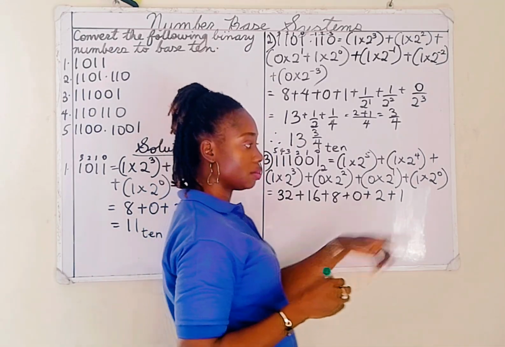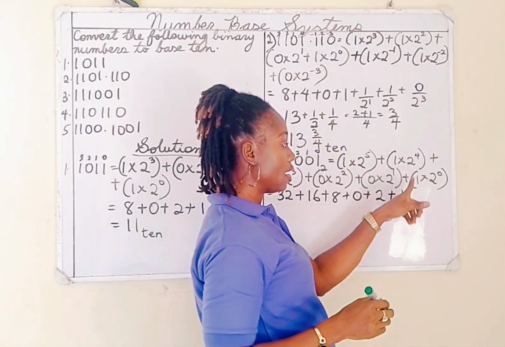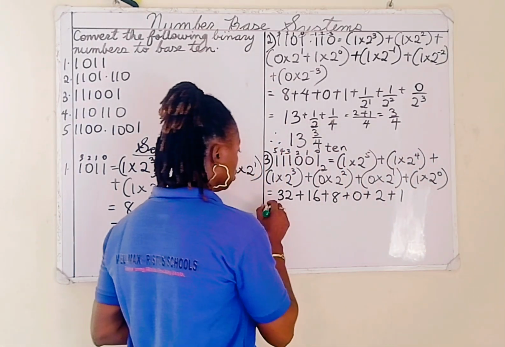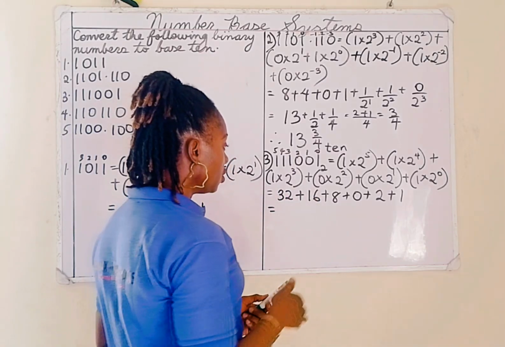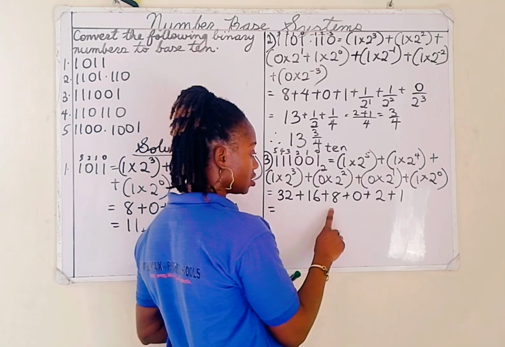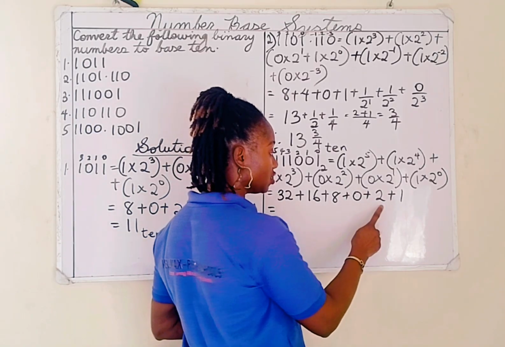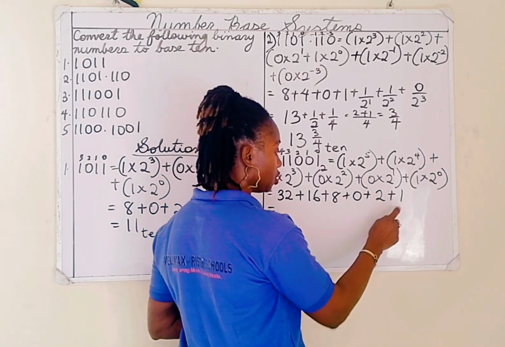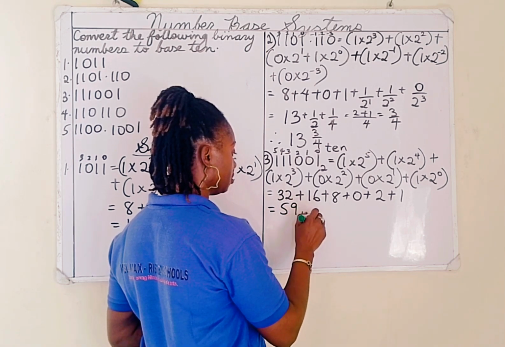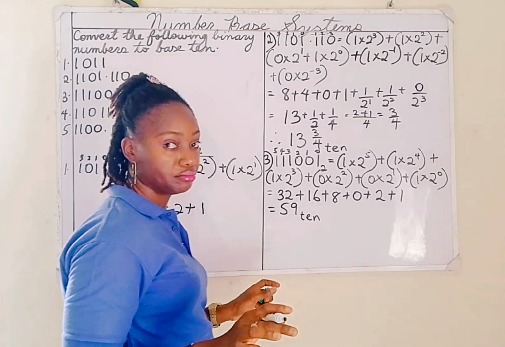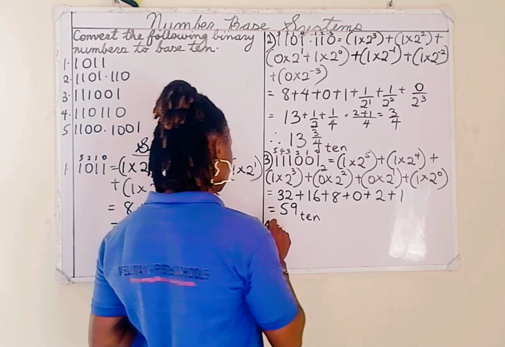Remember, any number to the power of 0 means 1, and 1 times 1 equals 1. So we have 32 plus 16 is 48, 48 plus 8 is 56, 56 plus 2 is 58, and 58 plus 1 is 59, to the base of 10. And that's the answer for that.